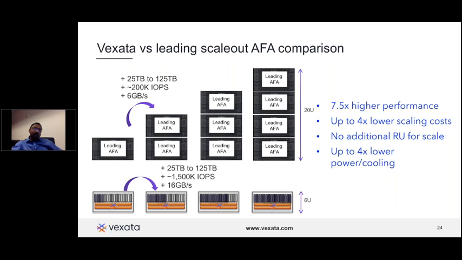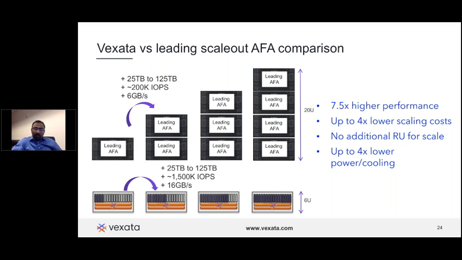So this is a very cost-effective way because our ESMs don't cost much because they're pretty much just a bunch of drives. While in the case of our competition, you need to buy these storage arrays, and it leads to about 4 times higher costs compared to just adding ESMs.